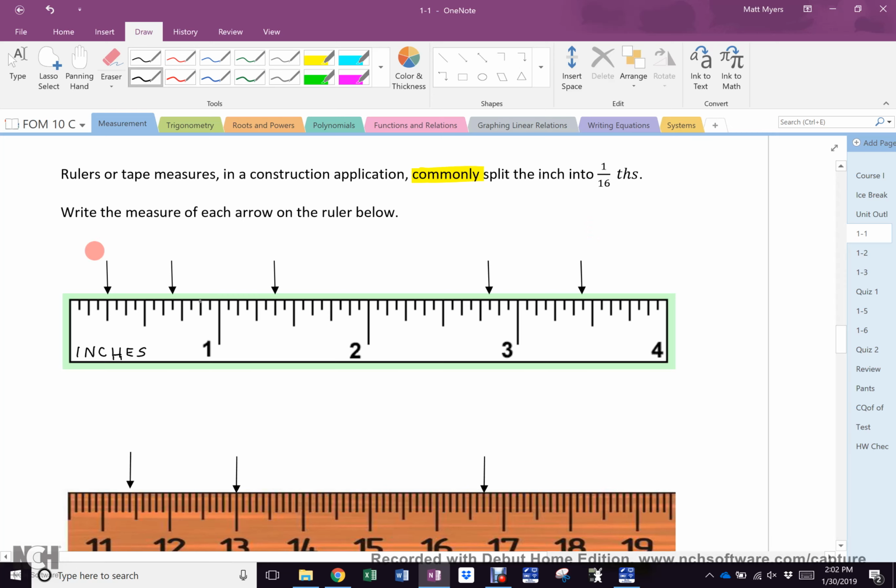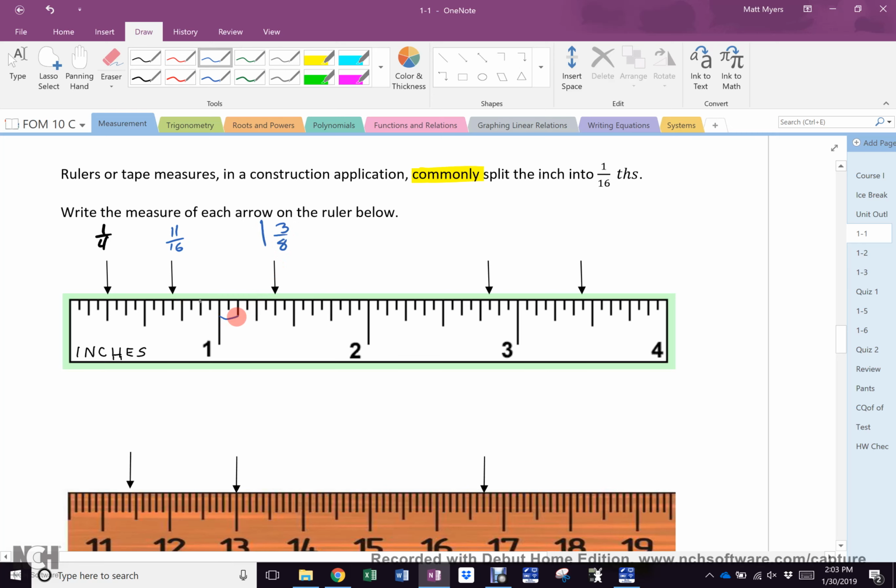Okay, Nathan, what's the first one? Quarter of an inch. Abso-smurfly correct. Who's doing the next one? 11/16. Who's doing this one? No. No decimals in imperial. 1, because we're past 1, and then 3/8.